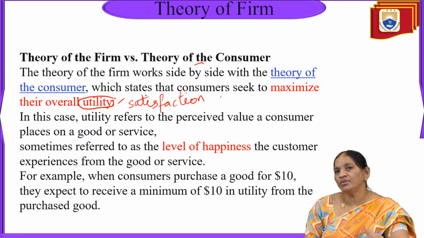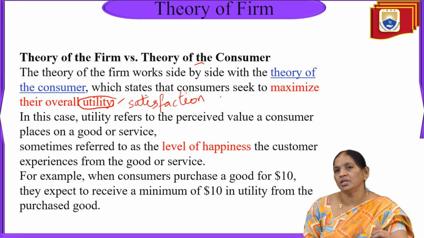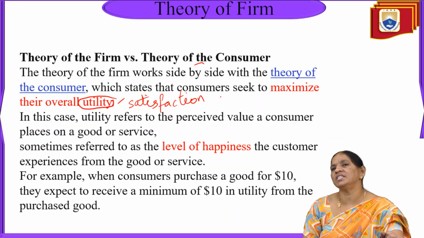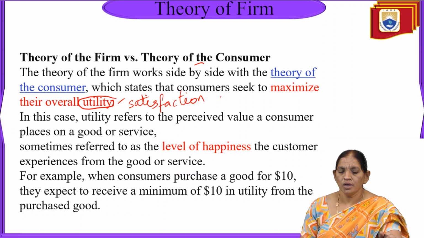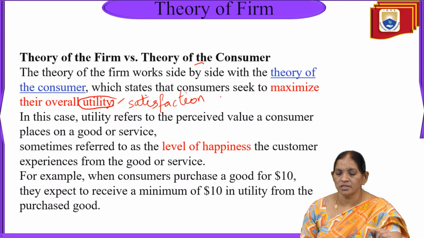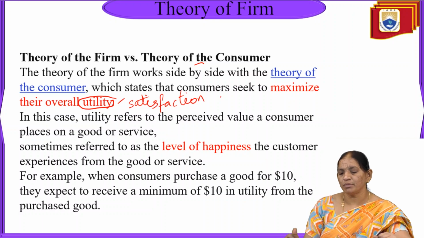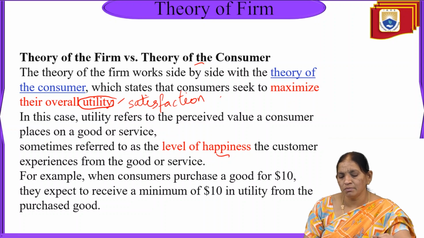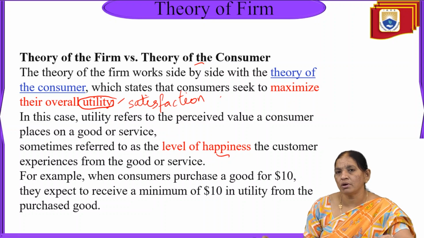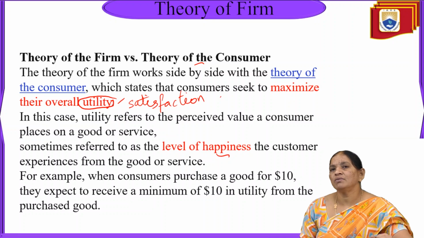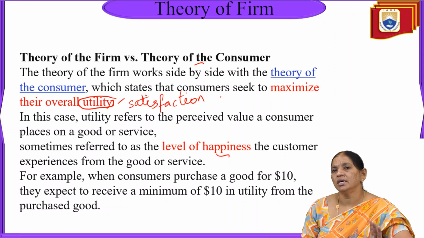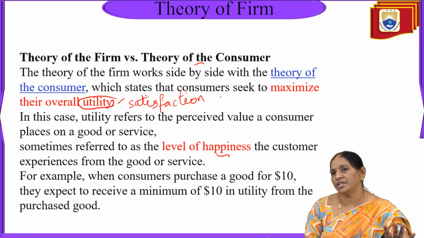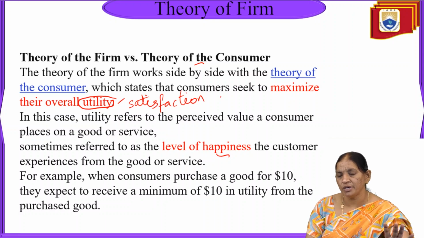So in the theory of the firm, we should take into consideration the perceived value of the consumer. Along with this, we sometimes refer to the level of happiness that the customer experiences from goods or services. If we get maximum utility, then what level of happiness is the consumer experiencing?